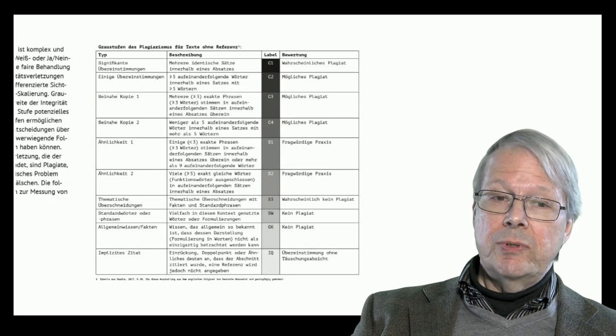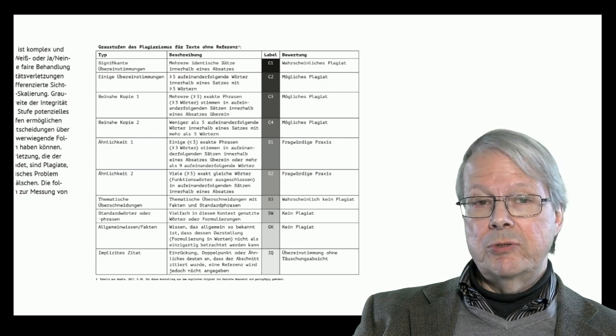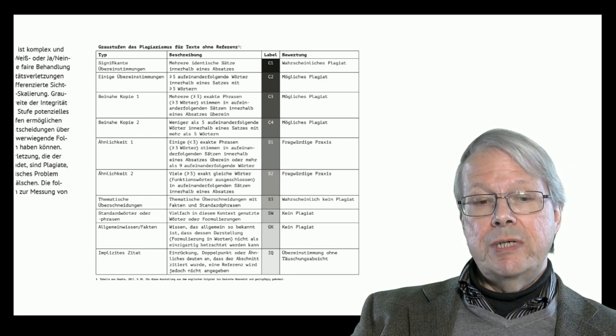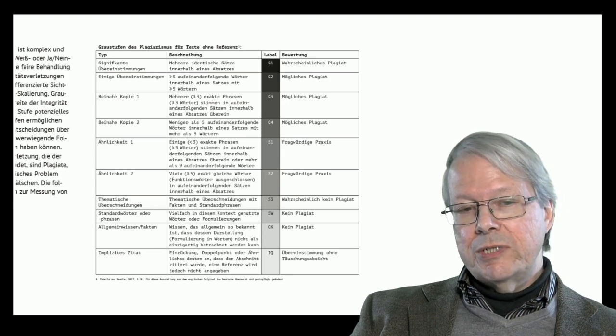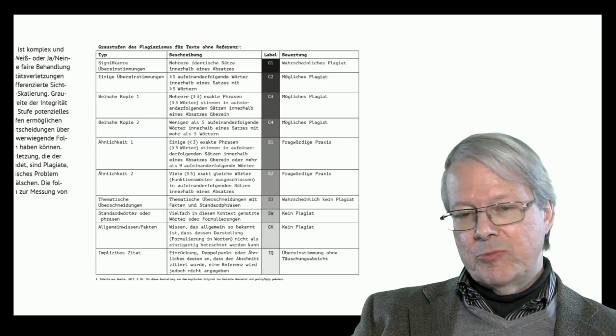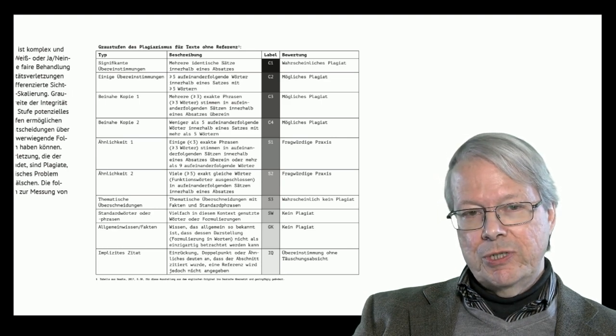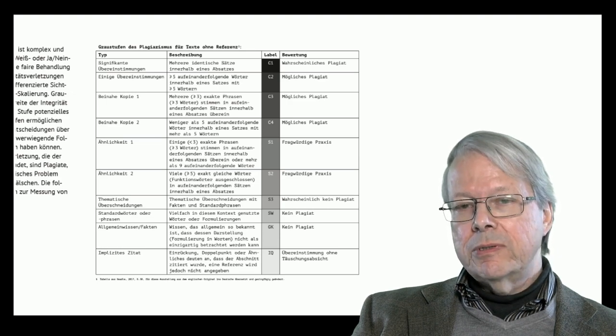I argue in favor of a more grayscale approach to research integrity issues. This is an example of how we can measure grayscale problems in plagiarism. It comes from my book on measuring research integrity. The idea is fundamentally that we rarely are talking about simple black and white cases.